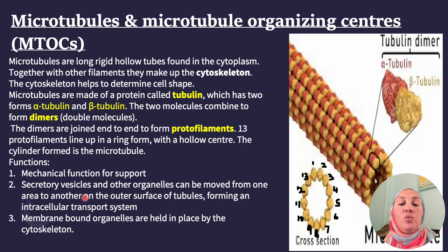And how do they move? We have never seen flagella, for example, on chloroplasts. So how are they moving? Well, they must have been using these roads. Yes, they must have. So this is a way of a transport system inside the cell, these microtubules.